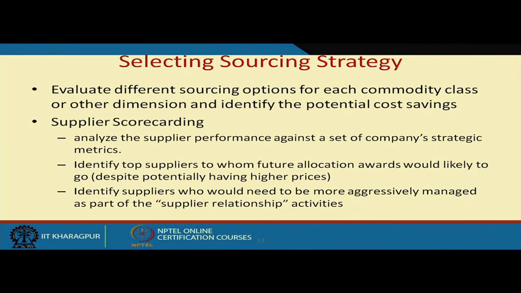It analyzes the supplier's performance against a set of the company's strategic metrics, and it identifies the top suppliers to whom the future allocation awards would go, despite their potentially high prices, because they are otherwise good, their quality is good, they maintain the delivery schedule and so on. So, it is about identifying the suppliers who need to be more aggressively managed as a part of the company's supplier relationship activity.